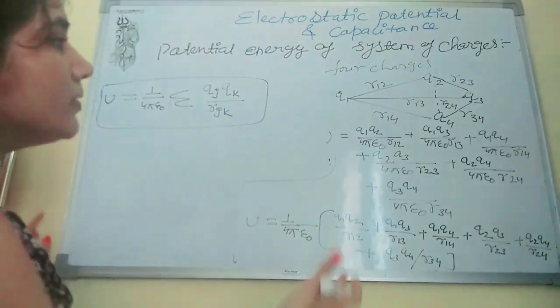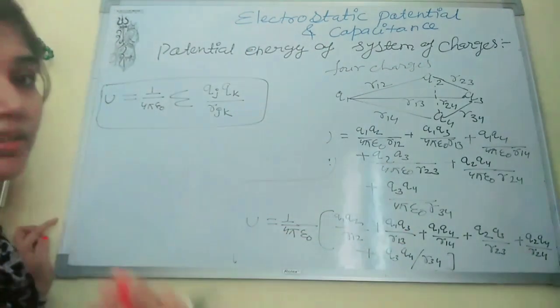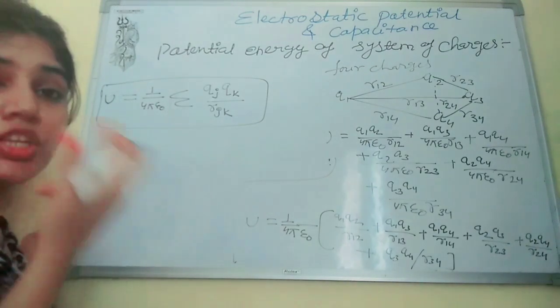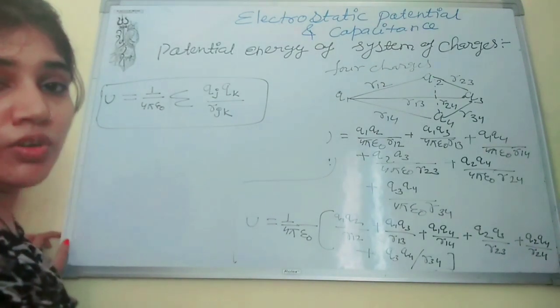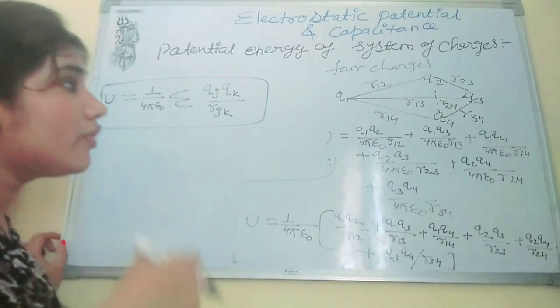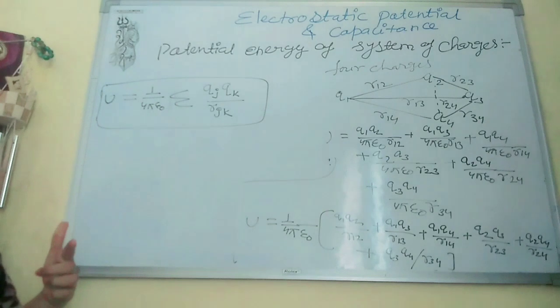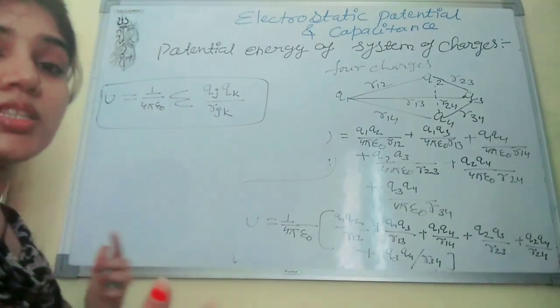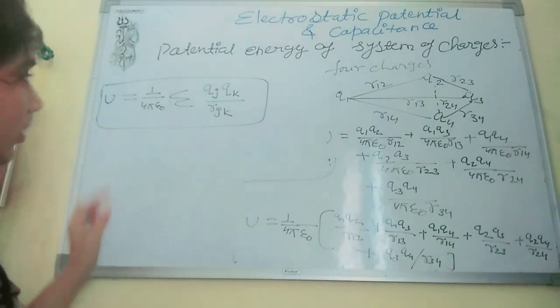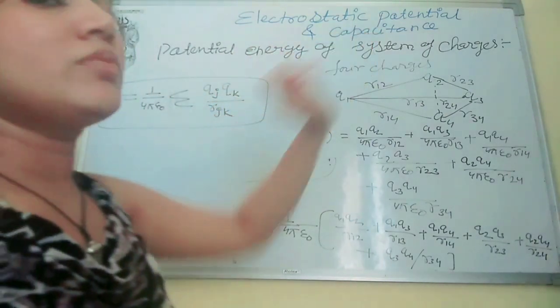Okay, and we have seen for one charge, the net energy will be 0 because work done is 0. For 2 charges we have seen the expression, for 3 charges, for 4 charges. So you can find it for 5 charges, 6 charges. Okay, so this is the basic formula for potential energy of system of charges.